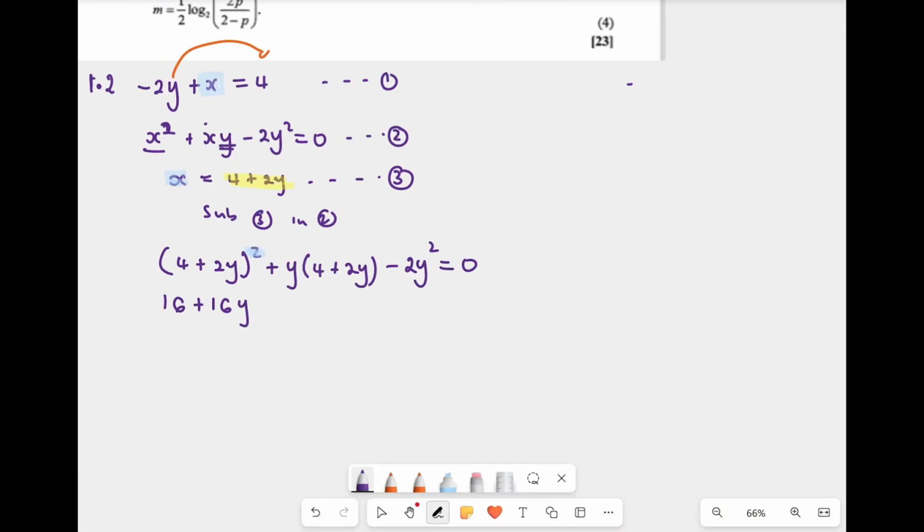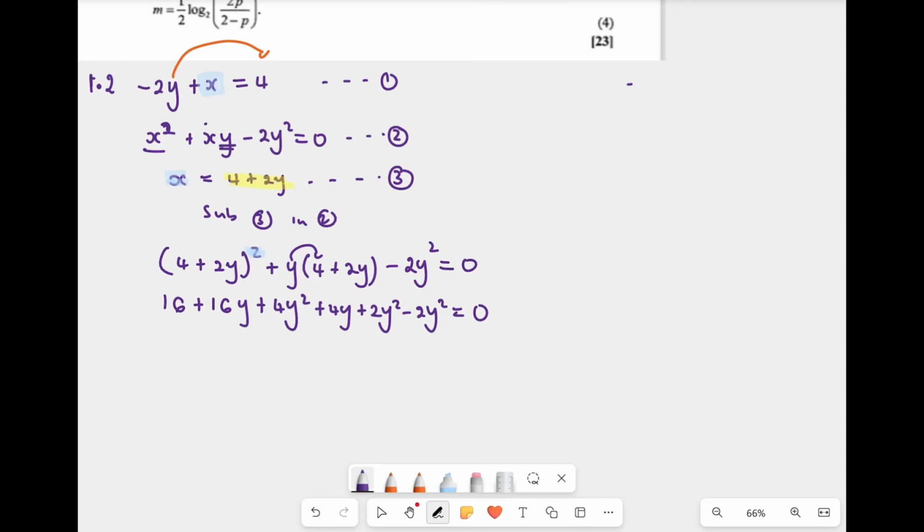And then 2y multiplied by 2y will be plus 4y squared. And then y multiplied by 4 will be plus 4y again. And then plus 2y squared minus 2y squared. This is equal to 0.